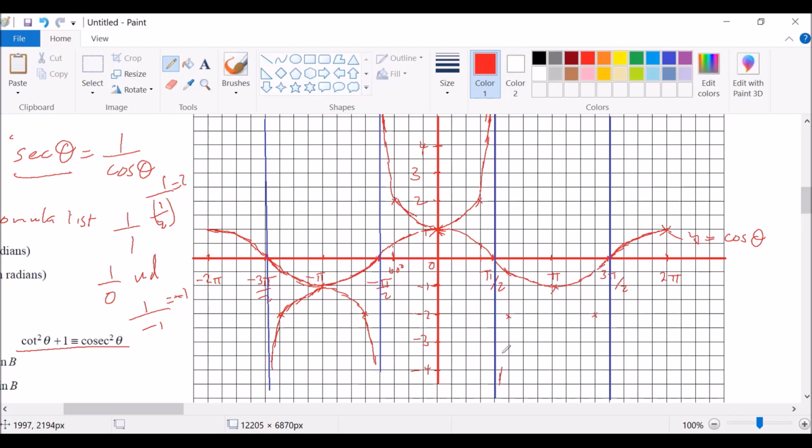Asymptotes there. Asymptote there. Since this is cyclic, we'll always have our graph like that. So in the end, our graph drawn in blue. This is our graph for y is equal to sec theta.